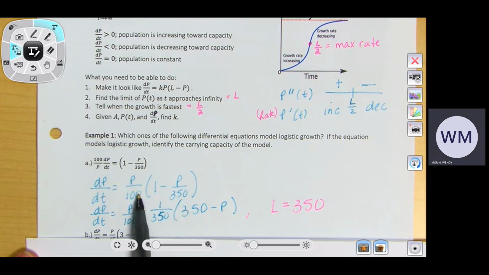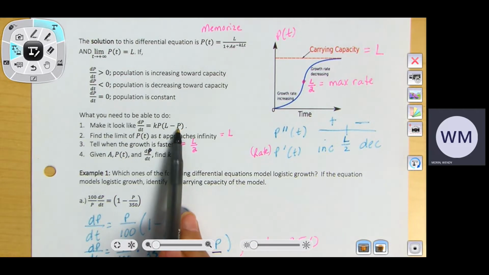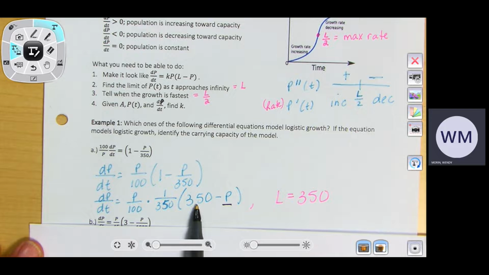When you factor out a 1 over 350, it's like dividing each one of these by 1 over 350, and that's the same thing as multiplying by 350. So I just did a little algebra because I needed to get this P by itself, to make it look like this, P all by itself. So with P all by itself, I know my carrying capacity is 350.